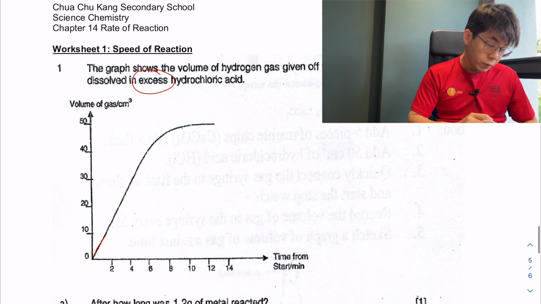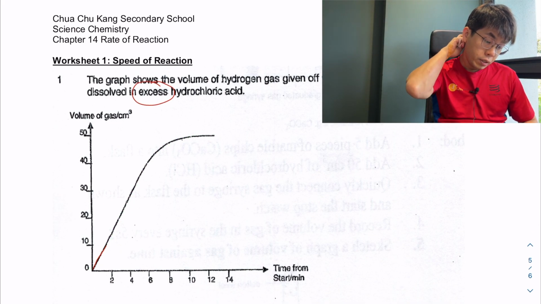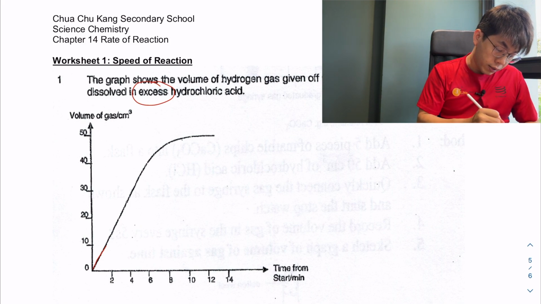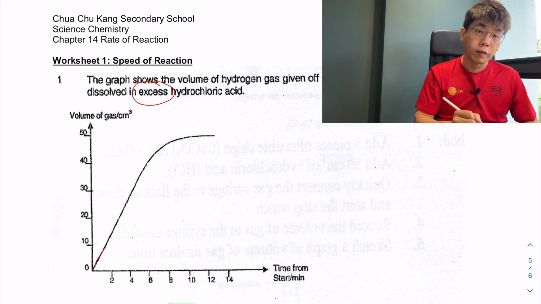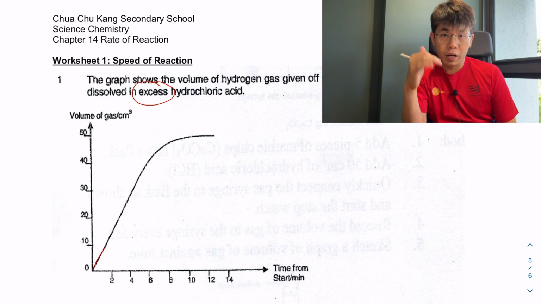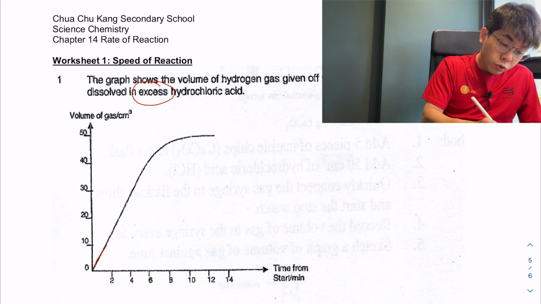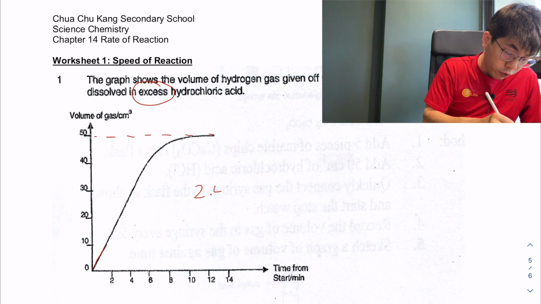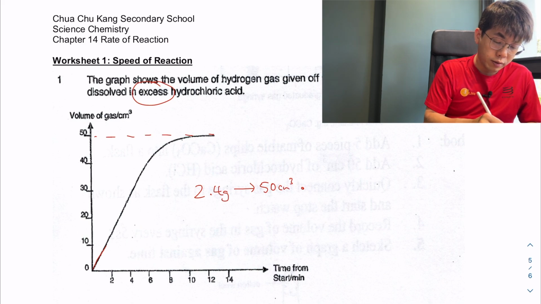All right, let's answer the questions over here. We started with 2.4 grams of metal. The question asks, after how long was 1.2 grams of metal reacted? That means they're asking when is half the reaction. 2.4 grams of metal produced a total of 50 cm3 of gas.